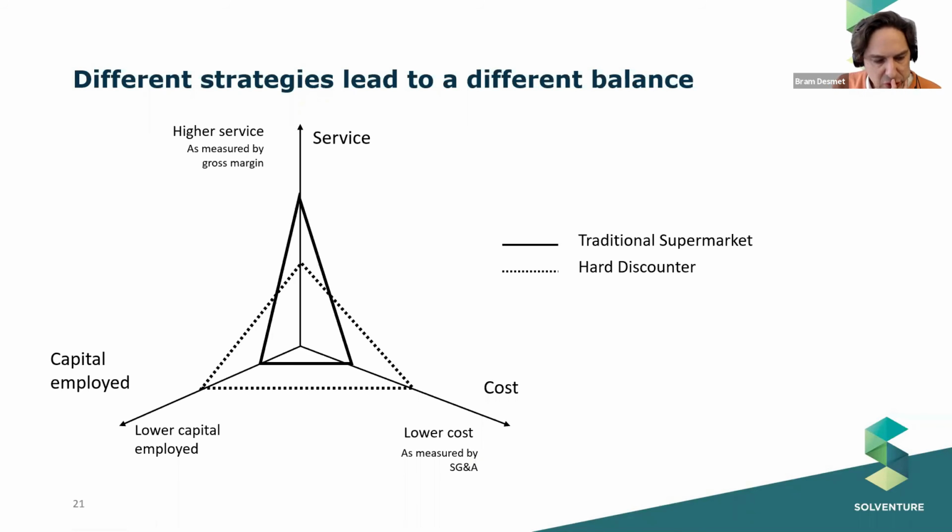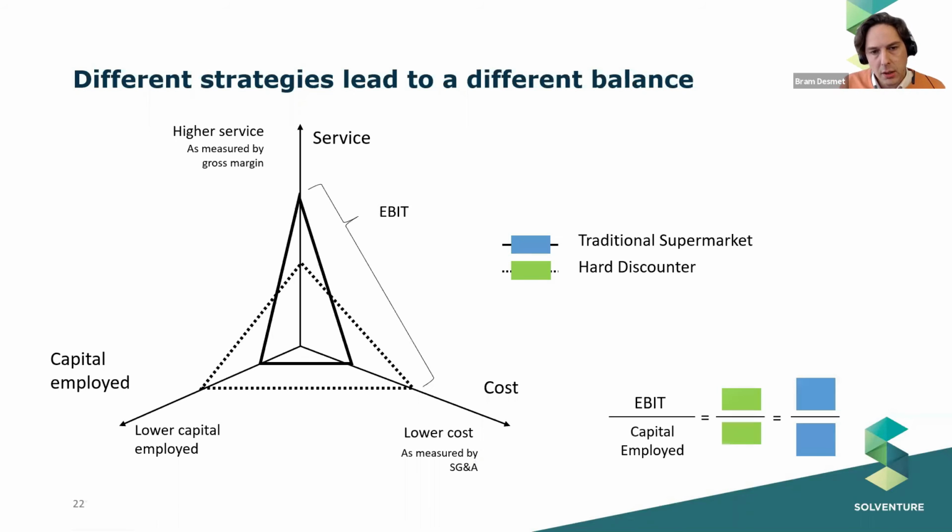If we link that back to the ROCE principle, return on capital employed, the service or gross margin minus the SG&A in fact gives the EBIT. And if I look at this figure as the investor, I say, okay, wait a second.